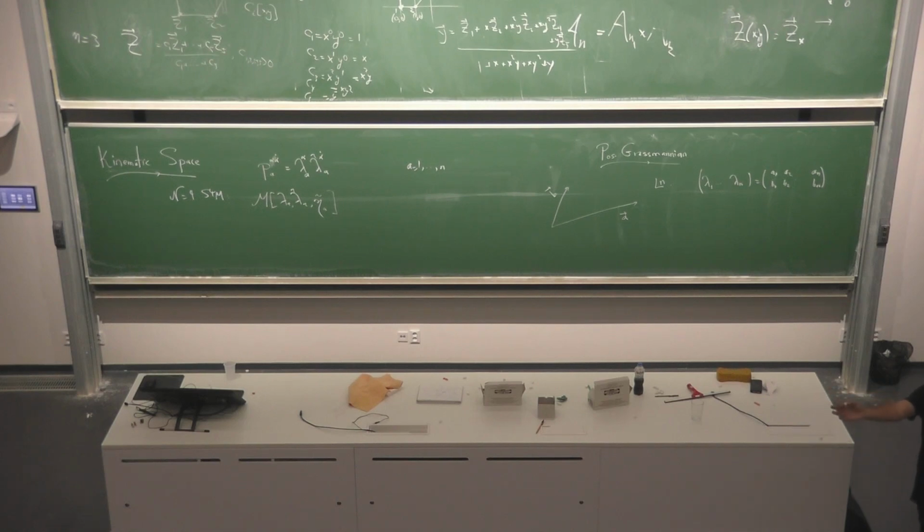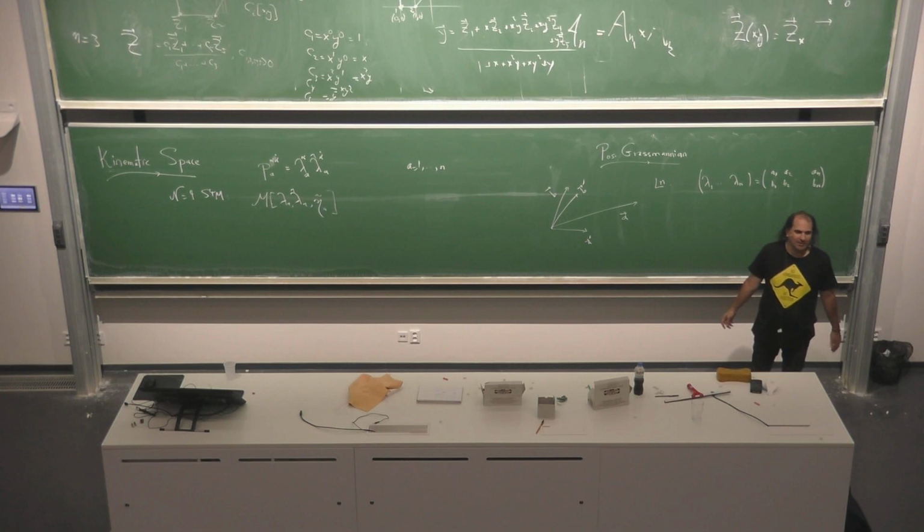Now let's say you go to a different Lorentz frame. Lorentz transformations act like SL2, right, on lambda and lambda tilde. So in a different Lorentz frame, I'll have some different vectors, A prime and B prime. But there's something which is common. What is invariant?